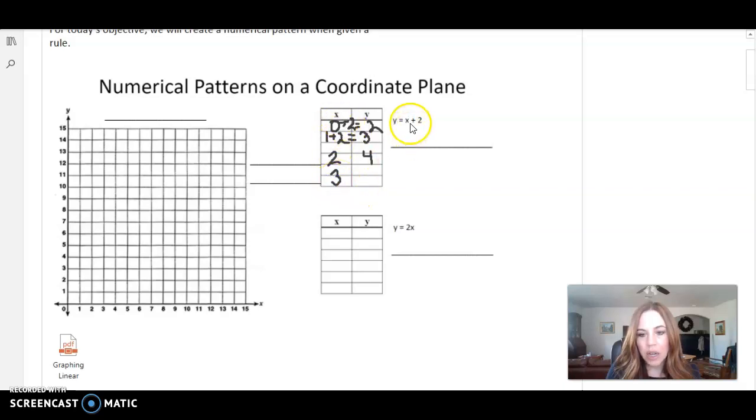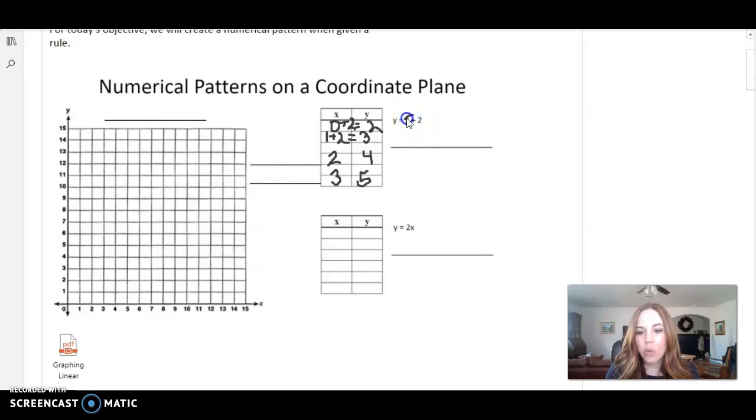If x is 3, I'm going to plug it into my equation, or my rule, and I would say 3 plus 2 is equal to 5. So here I have a bunch of x values that I made up on my own, and I've put them into my rule in order to figure out what y is. Each time I've added 2 to my x value, and that has given me y.